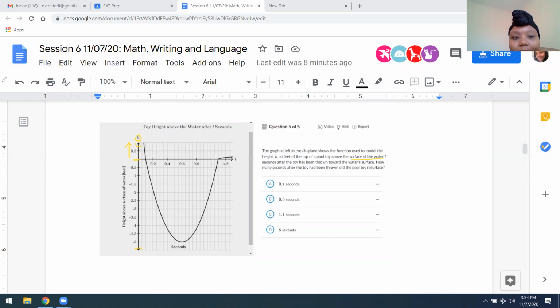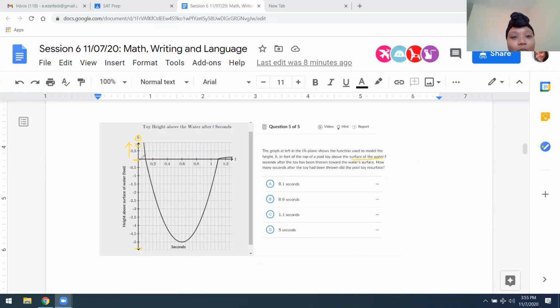If the height is 0, that means it's right at the surface of the water. It hasn't added any height, or H hasn't increased. So if H starts to become negative, and we know that H is the surface of the water, that means it's starting to go below the surface of the water.